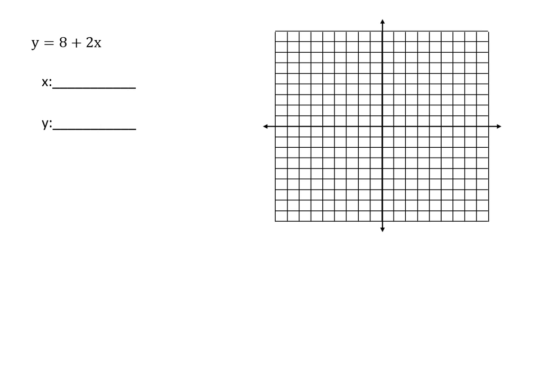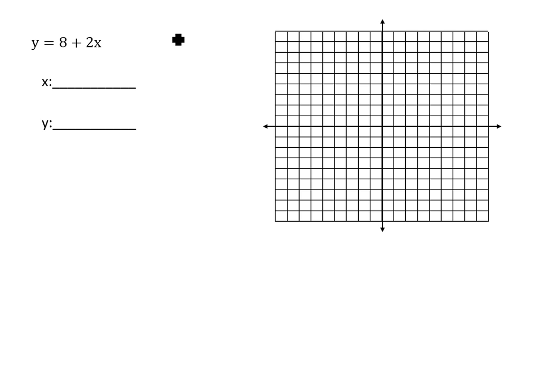Let's see. I remember the directions for this. The directions say to identify both the x-intercept and the y-intercept, and then to graph the function. I get my x-intercept, that's the first one listed here, when y equals 0.